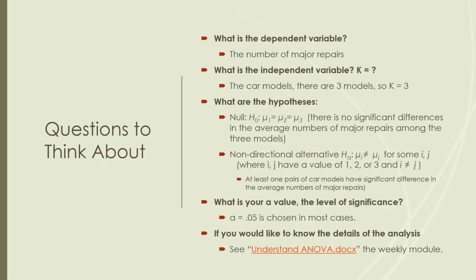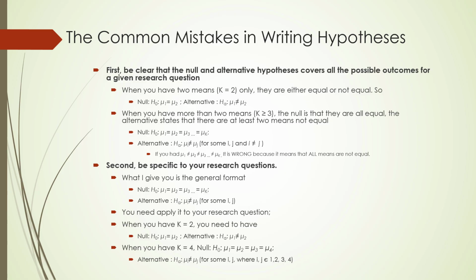In a separate video, I showed you steps 3 to 5, including how to run one-way ANOVA in SPSS and how to make a decision and reach a conclusion based on the output. In this video, I would like to highlight a few additional things about one-way ANOVA. First, it's critical to state hypotheses clearly and specifically.